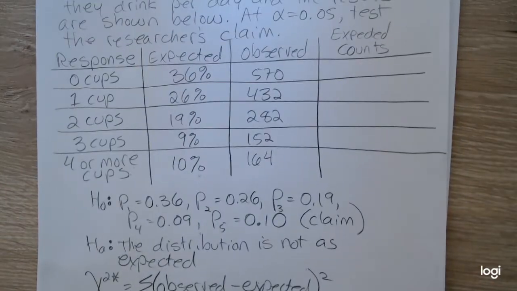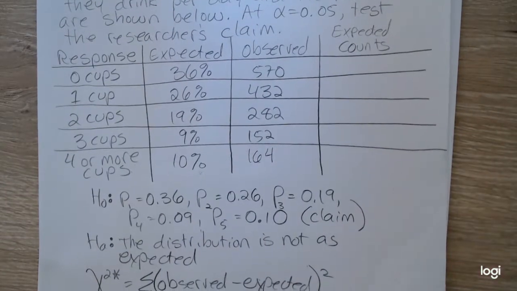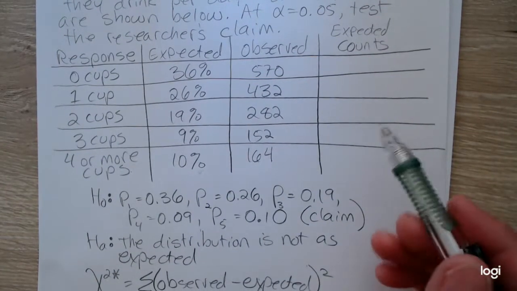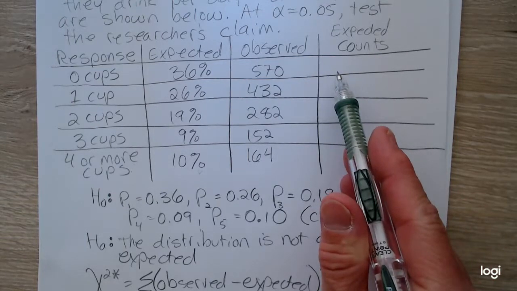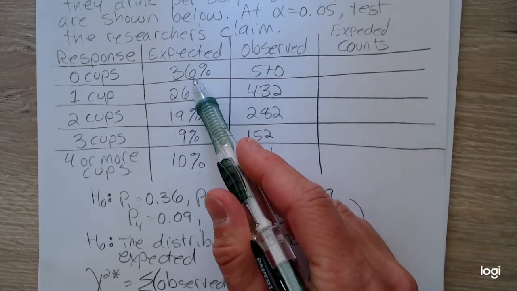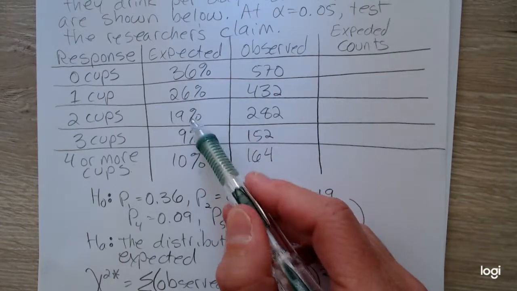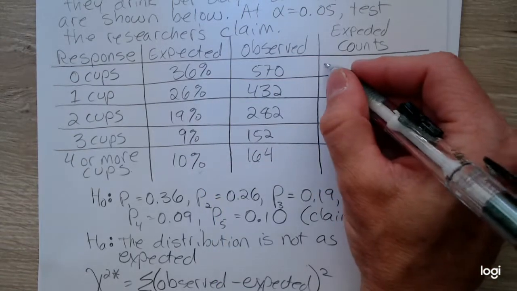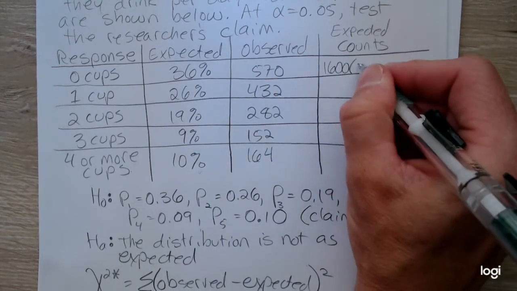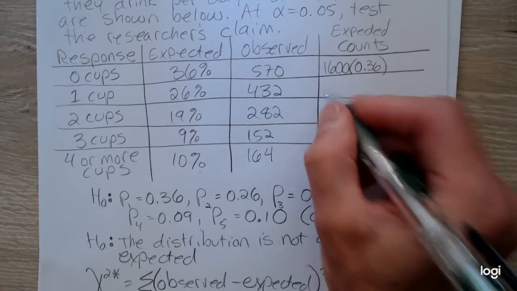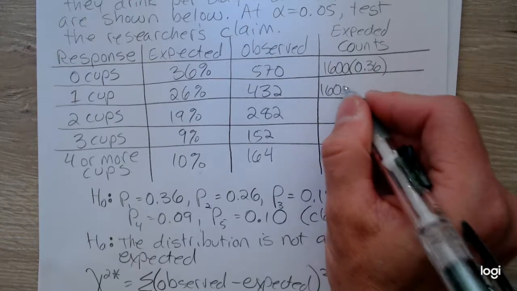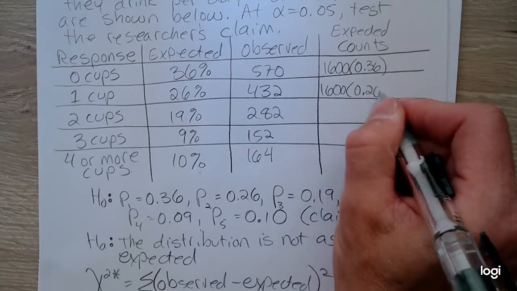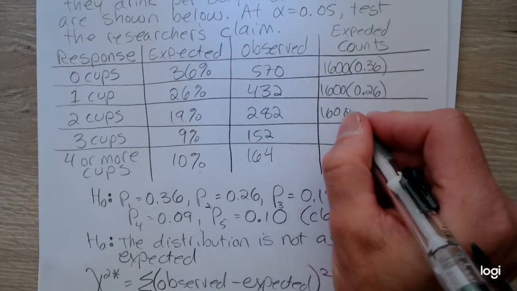So the first thing to do is to get the expected counts. To do that, you want to multiply 1,600 by each proportion for each category. So this first one will be 1,600 times 0.36. The second one will be 1,600 times 0.26, and so on.